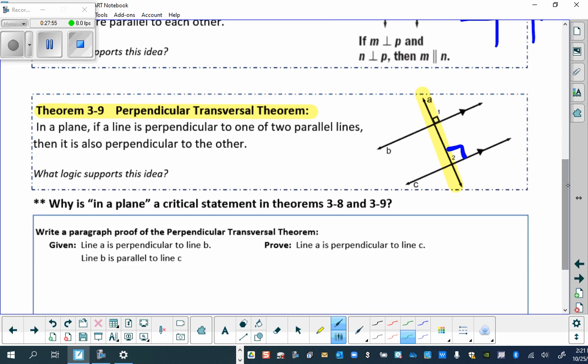This next one just talks about it in a different order. If a line is perpendicular to one of 2 parallel lines, then it's perpendicular to the other one. I'll bring these notes and tonight's homework around to you while you're taking the quiz. Any questions?